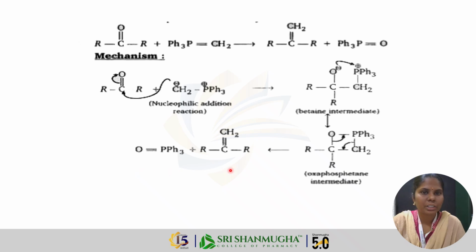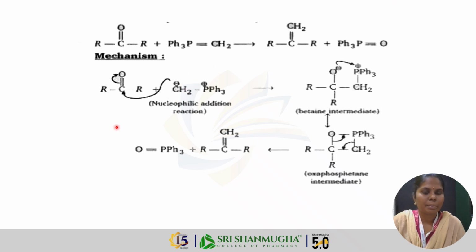So this reaction proceeds through two main intermediates. One is the betaine intermediate and the second one is the oxaphosphetane intermediate. So this is the step-by-step reaction involved in the Wittig reaction.